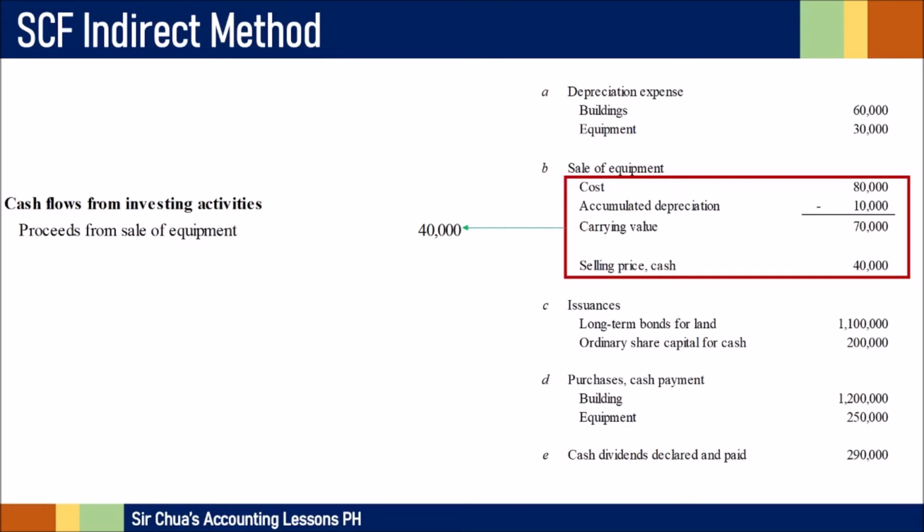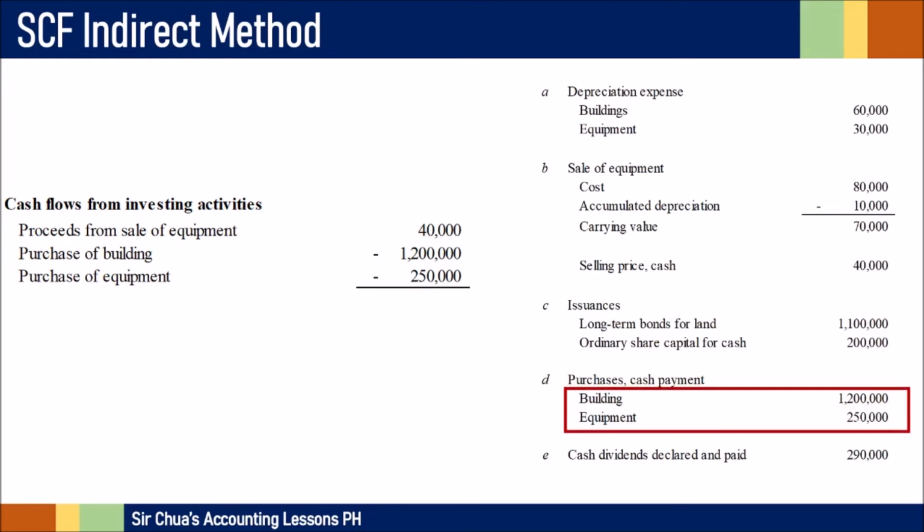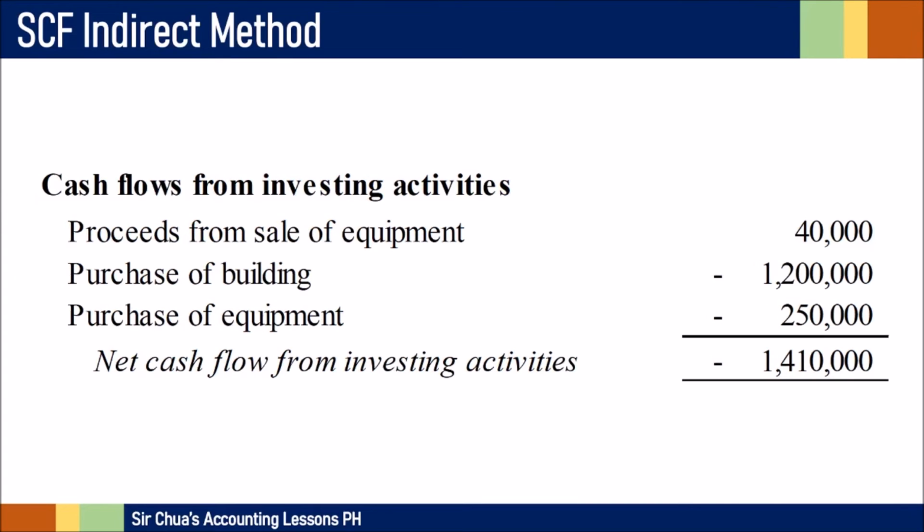And then look here, you also have purchases of building and equipment. That's a cash outflow because you purchased new assets, so it will be presented negatively. You purchased the building, that's why you have a cash outflow of 1,200,000, and you purchased an equipment, that's why you have a cash outflow of 250,000, and that forms part of your net cash flow from investing activities.